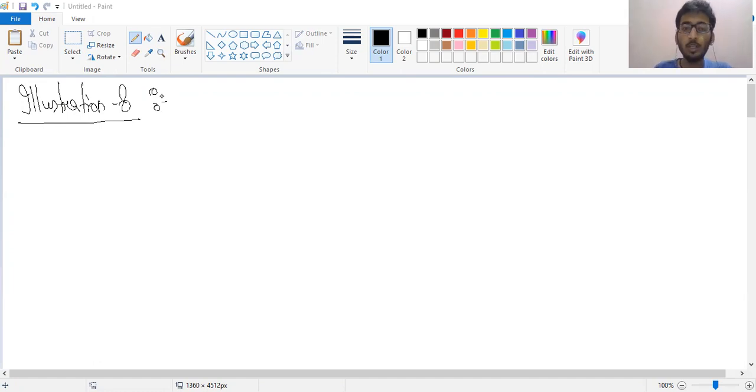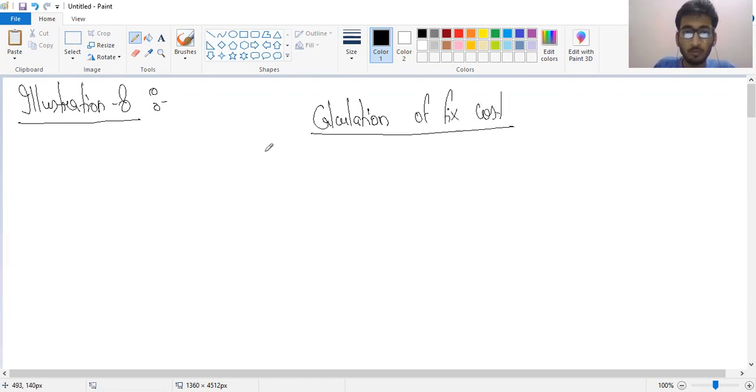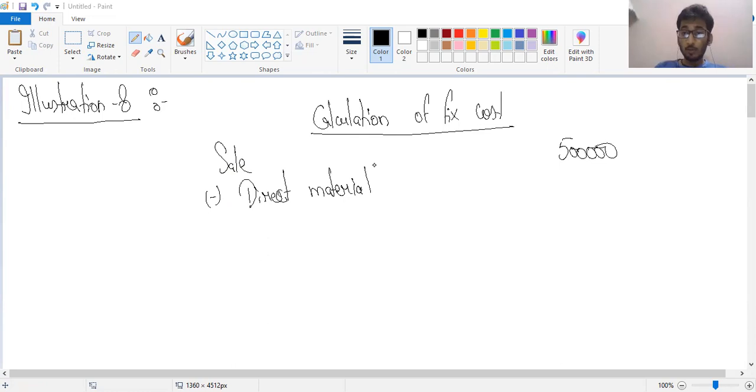So basically, what is not given in this question is the figure of fixed cost. So let's calculate the fixed cost first. Calculation of fixed cost. Sale is given, it is 5 lakh. Direct material is 250.